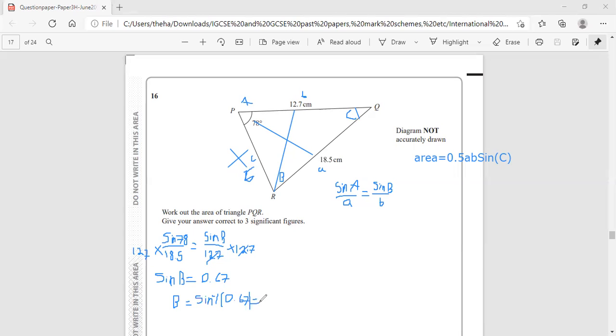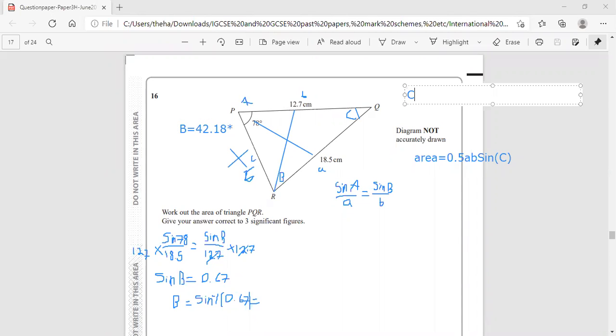That is equal to sine to the power of -1 of, so we got 42.18. So I'm just going to write that down now. Big B equals 42.18 degrees.